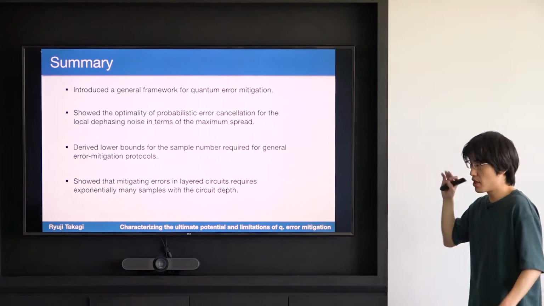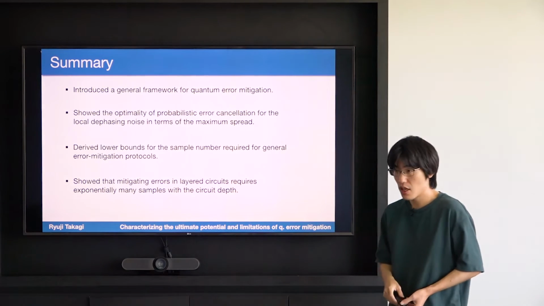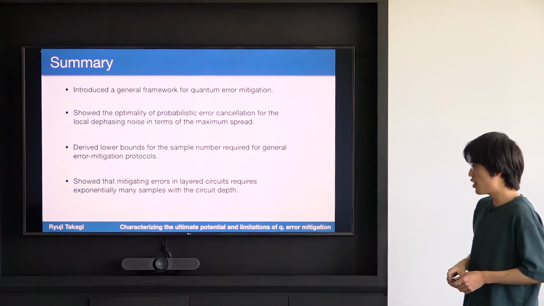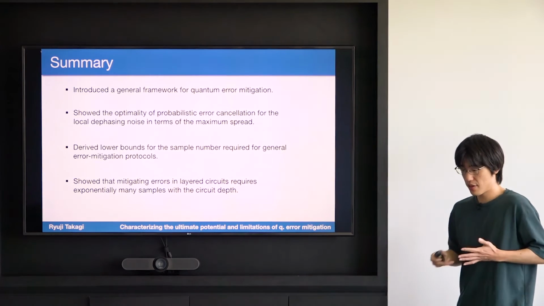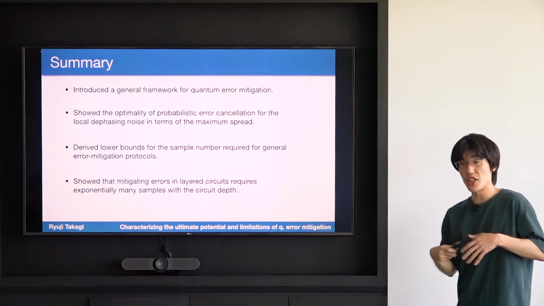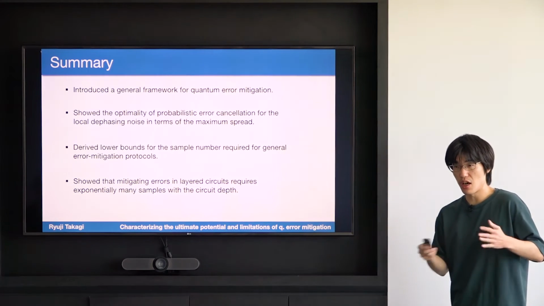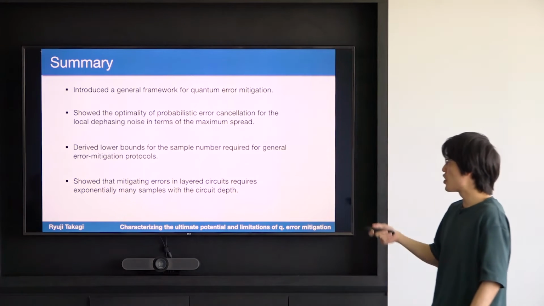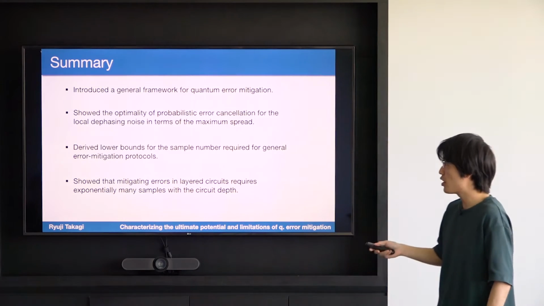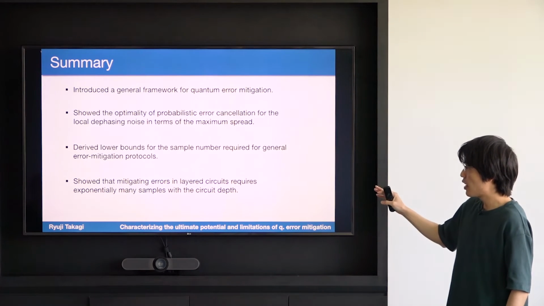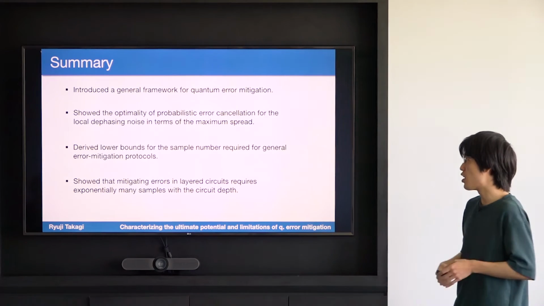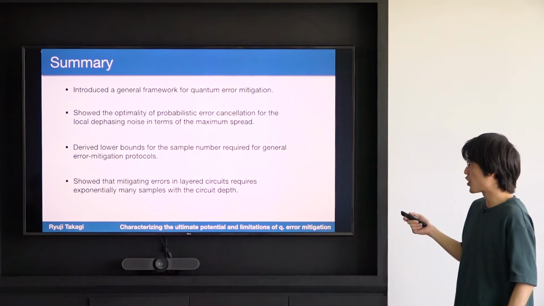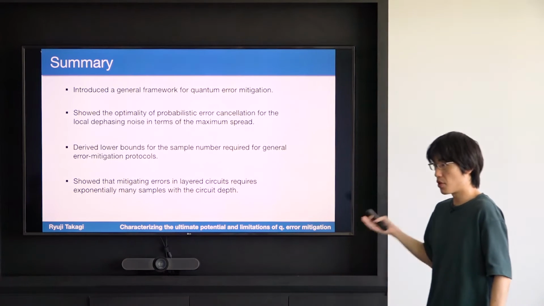Okay, so this is the end of the talk, so let me briefly summarize what I talked about. Our motivation was to get some ideas for a systematic understanding of the general class of error mitigation. To do that, we first introduced a general framework for quantum error mitigation, and within that, we discussed some optimality arguments for the specific error mitigation protocol, probabilistic cancellation, for certain scenarios.